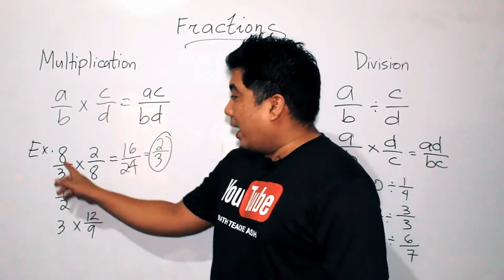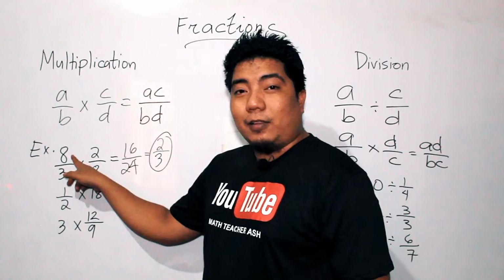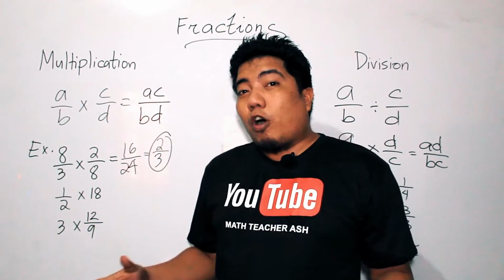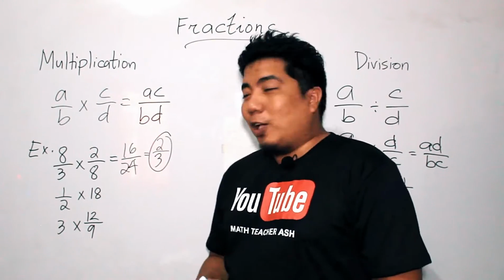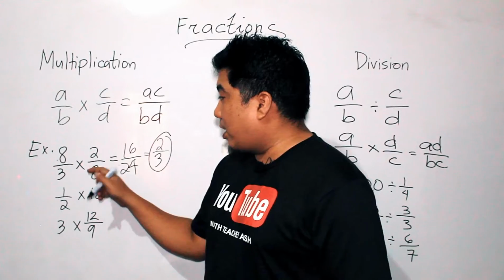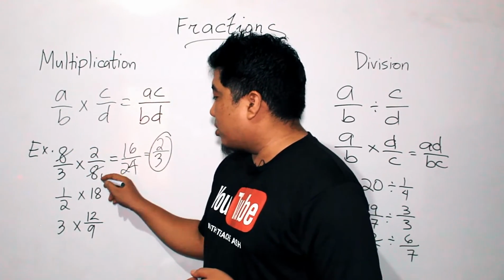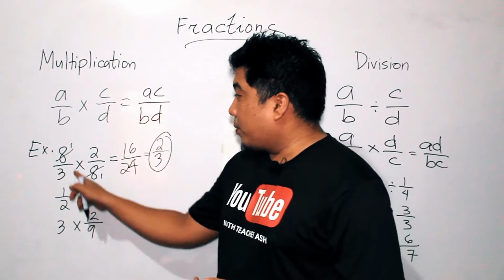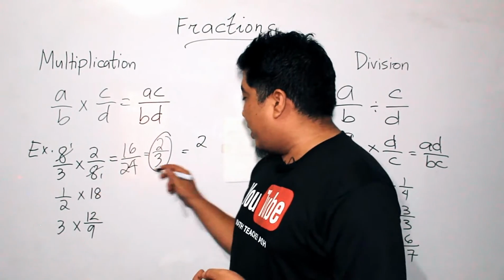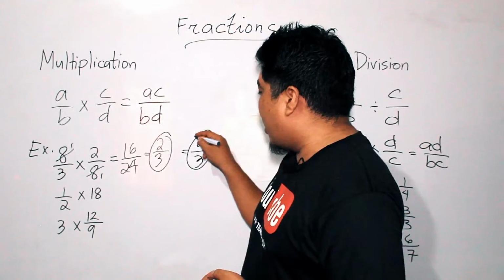In the numerator there is an 8, and in the denominator there is an 8. 8 and 8 are both common multiples of 8, right? So, you can cancel this by dividing them with each other. 8 divided by 8 is 1. Now, 1 times 2 is 2, and 3 times 1 is 3. And they are just the same.